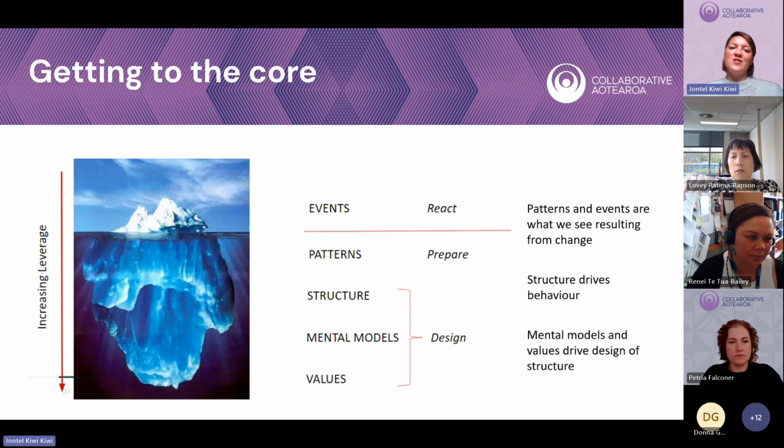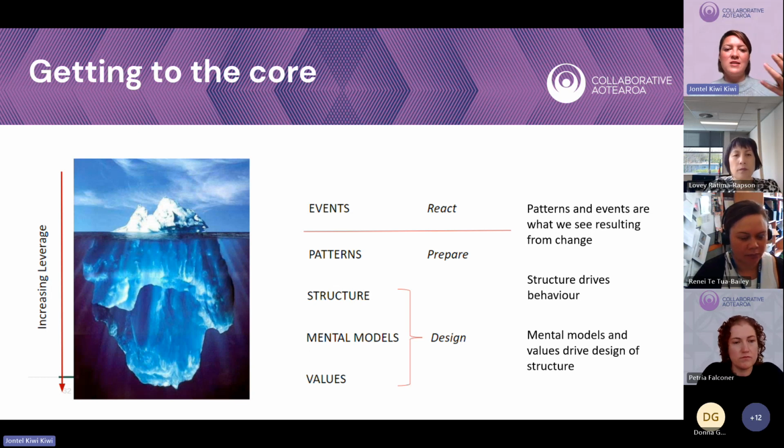So getting to the core, this is really the crux of it. And it's really a summary of looking at a system and how we can implement change. Again, we can see the top of the iceberg. Those are the events that happen.